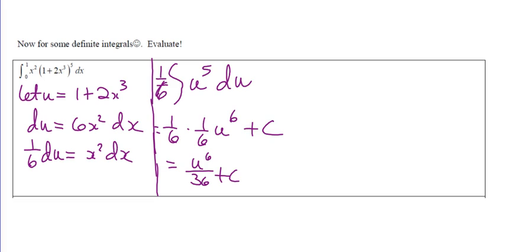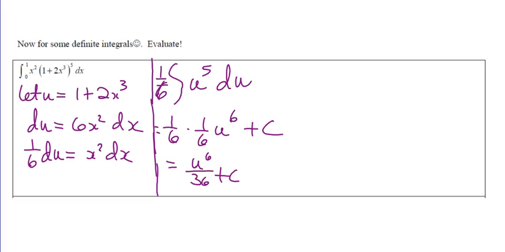The really hard way would be to go back and replace the u with 1 plus 2x cubed, so we don't want to do that. Instead, this integration was over a range from a lower bound of 0 to an upper bound of 1 for x. So when x is 0, what's u? When x is 1, what's u?